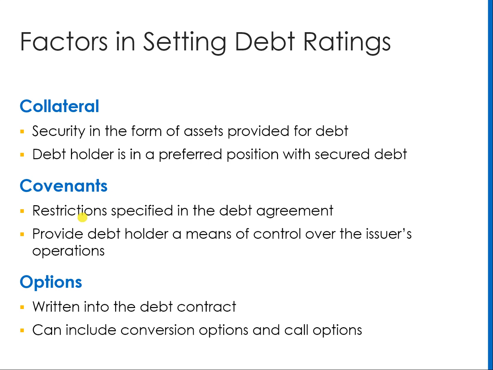Covenants are restrictions specified in the debt agreement. The more covenants, the more safety offered to the lenders. We also have options that can be written into the debt contract.